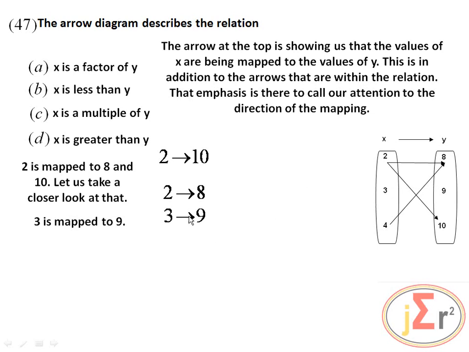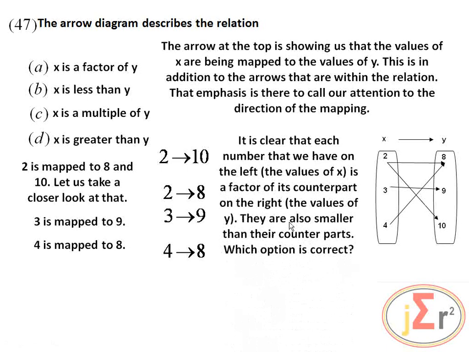We are just taking a closer look at it in this mapping that we have right here, which is basically taking what we have on this side and highlighting it right here. 4 is mapped to 8, as we have it right there. All we are doing right here is emphasizing the relationships that we have in this entire diagram.